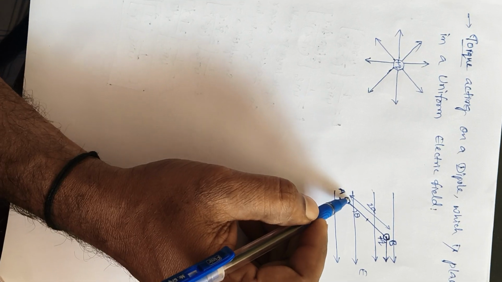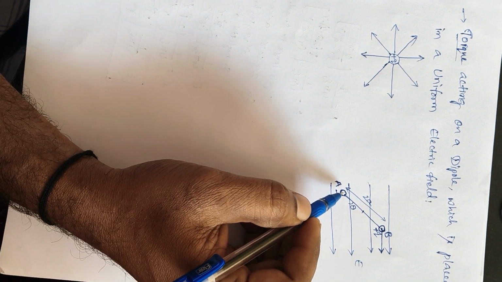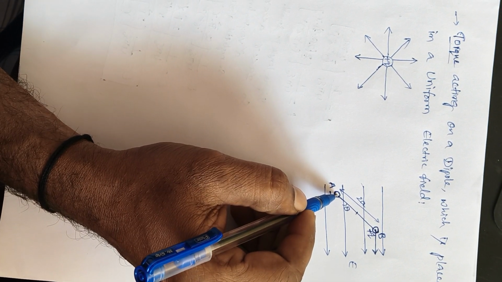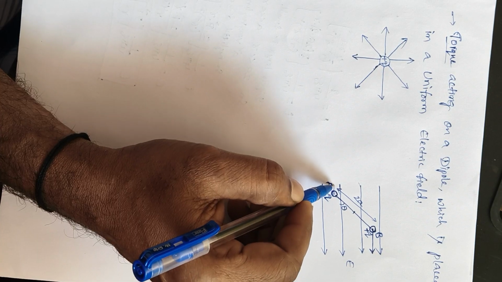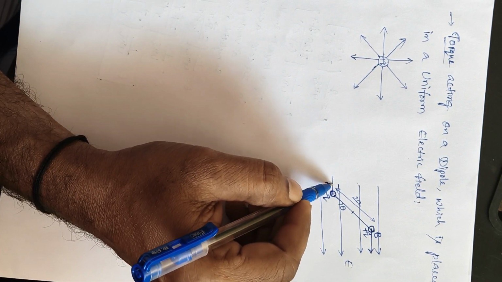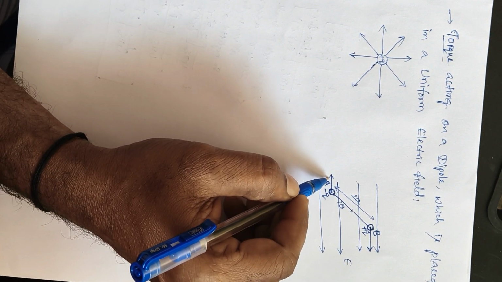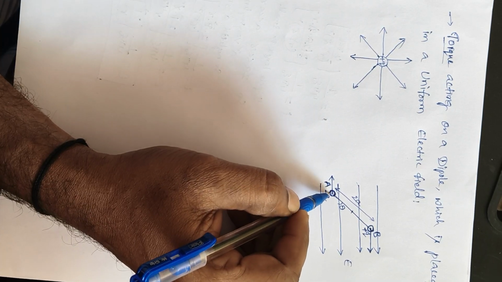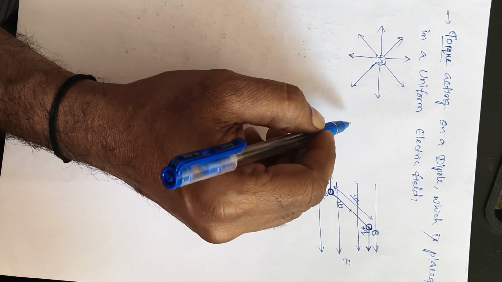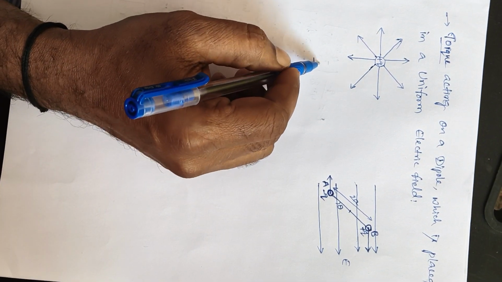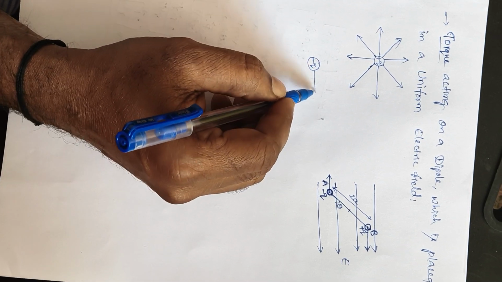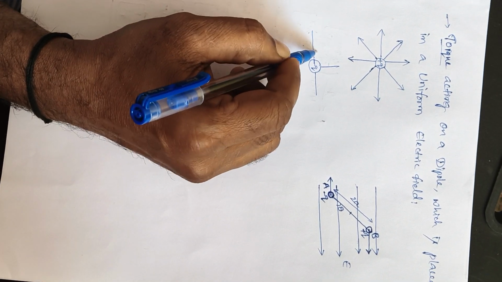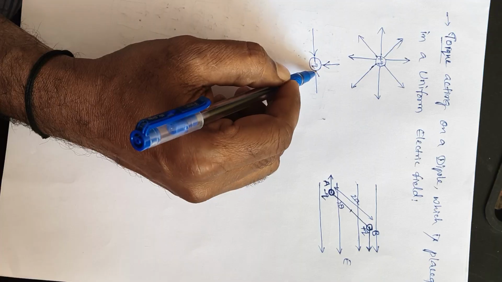Same like that, but for a negative charge, the force is always opposite to the direction of the electric field. If you have some doubt, actually the negative charge's field direction is always inward, towards the charge.